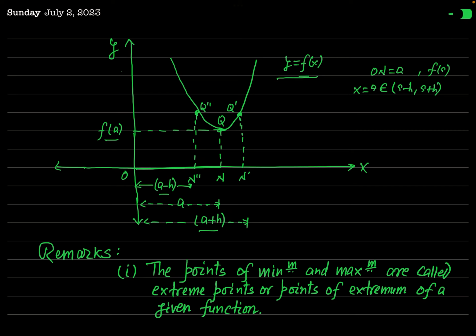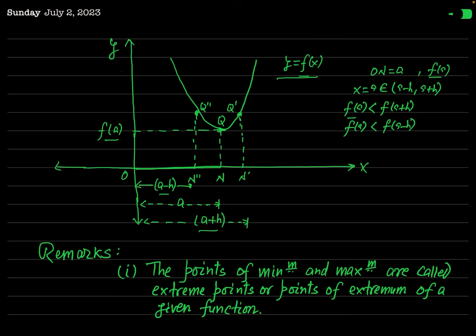So f of a will be called its minimum value in comparison to the values at the neighboring points, when this f of a is less than f of a plus h. It means when x is a plus h, its value is f of a plus h, and this f of a is smaller than f of a plus h. And this f of a is also less than f of a minus h.